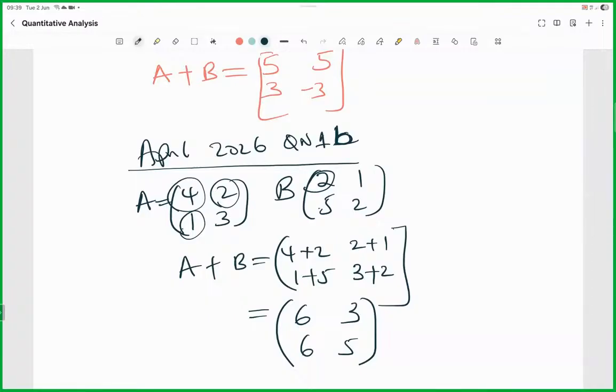Now remember they had given us this. They're saying that this company in Mombasa manages transportation of two types of goods, A and B, to two destinations, Nairobi and Kisumu. Matrix A represents the number of truckloads allocated to each destination, while B represents cost adjustment factors per route due to changes.